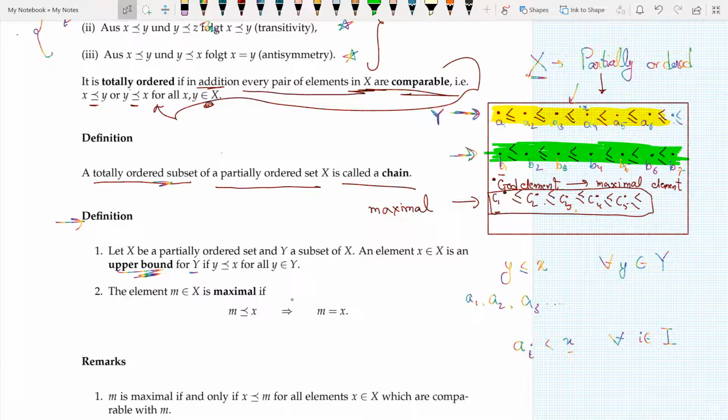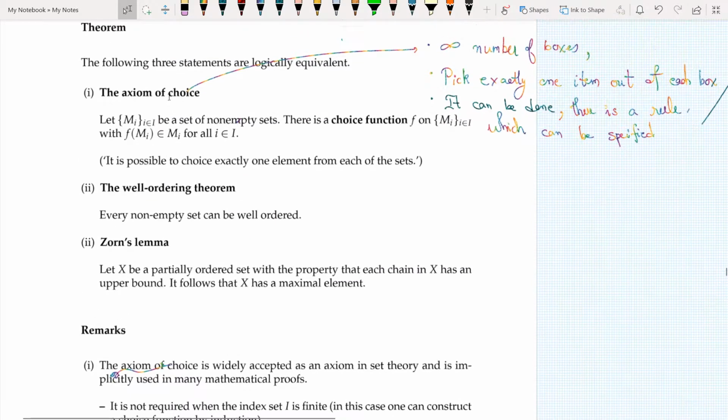Then we are saying that X itself has a maximal element M such that M is greater than every x. So that's the equivalent form of the axiom of choice, which is Zorn's Lemma.